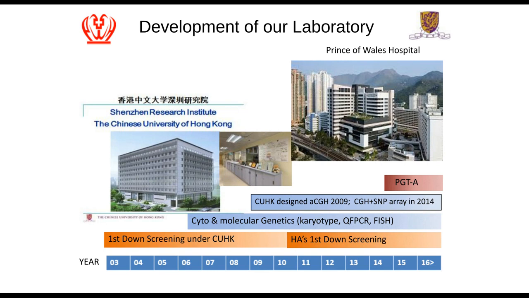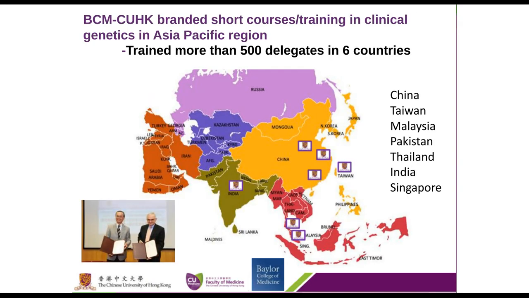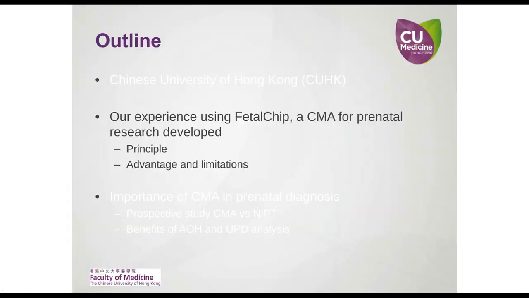Okay, so with this development, the other very important landmark we have reached is that we collaborate with Baylor College of Medicine, where we start to offer short courses and training courses in clinical genetics in the Asia Pacific region to receive delegates in this region, because we know it's very important for us to learn how to interpret and curate the pathogenic copy-number variants we identified, as well as single nucleotide variants. Nowadays we can appreciate them by either exome sequencing or genome sequencing. So that's all about our Chinese unit of Hong Kong.